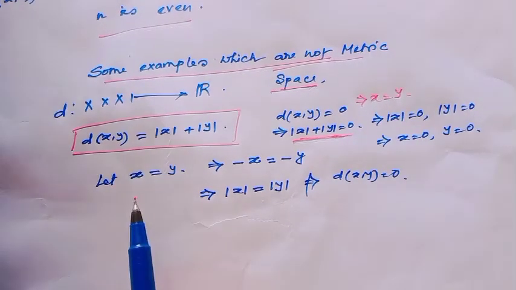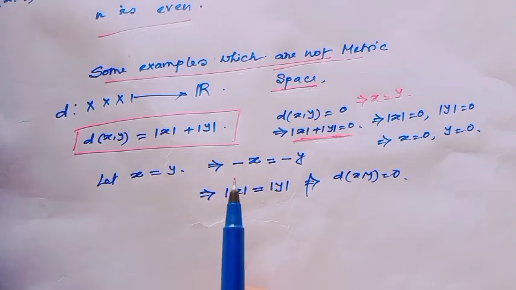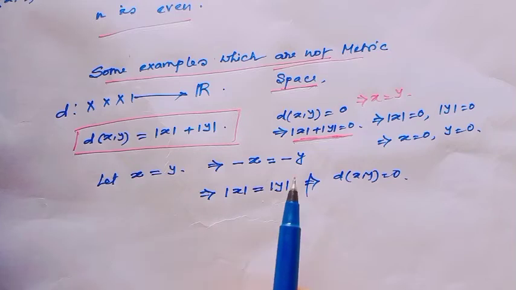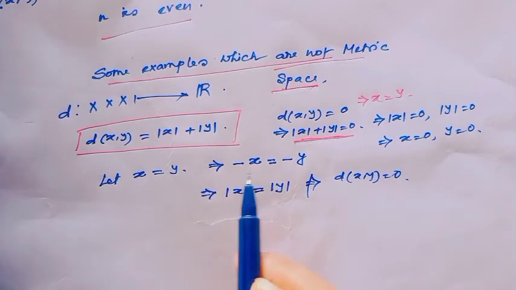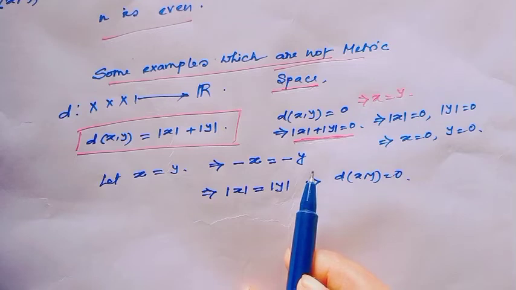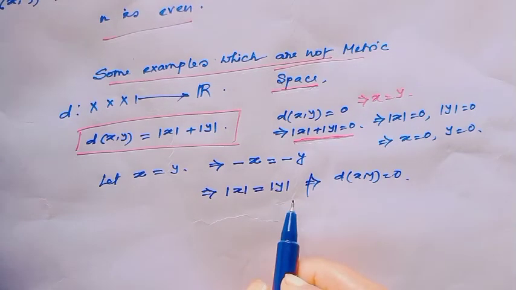Conversely, let x equal to y. Now multiply both sides by minus 1. Then minus x equal to minus y, and from these expressions x equal to y and minus x equal to minus y, we can write mod x equal to mod y. Okay?